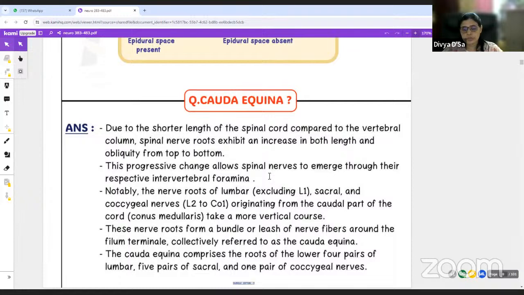These nerve roots form a bundle or leash of nerve fibers along the filum terminale, known as the cauda equina. The cauda equina comprises the roots of the lower 4 pairs of lumbar, 5 pairs of sacral, and 1 pair of coccygeal nerves.